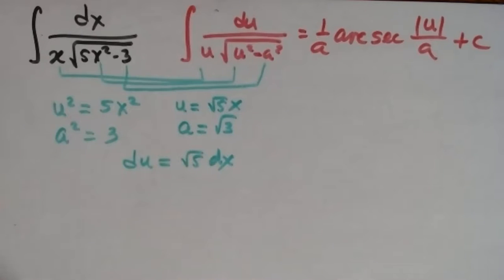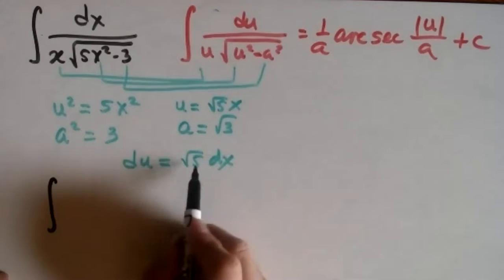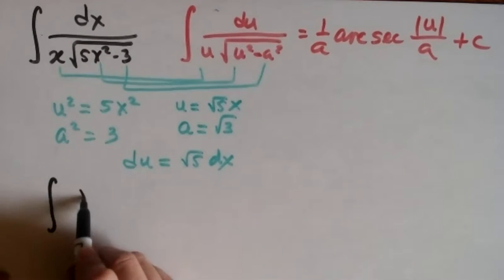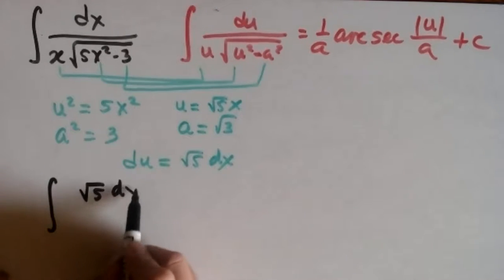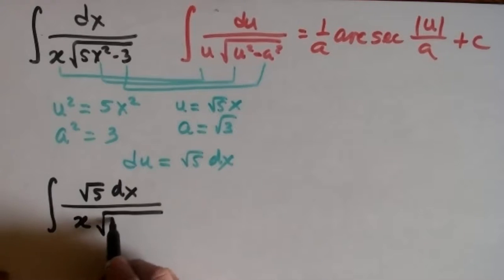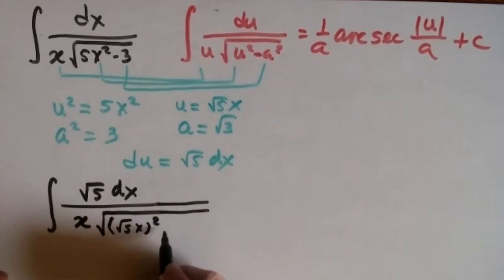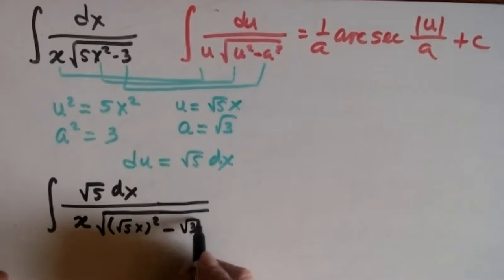So my integral is going to be, I need the square root of 5 dx at the top. Then at the bottom, I have an x, and the square root of the square root of 5 times x, squared, minus the square root of 3 squared.